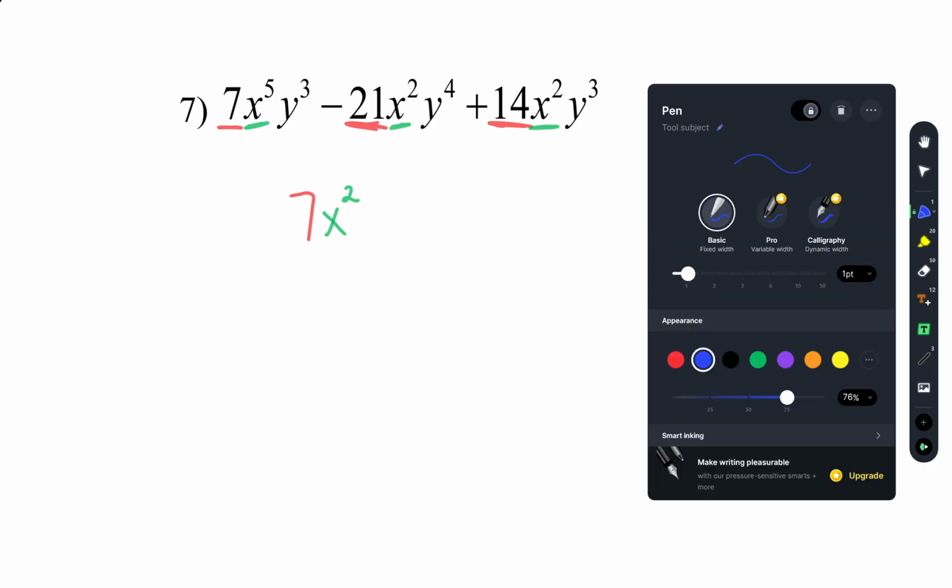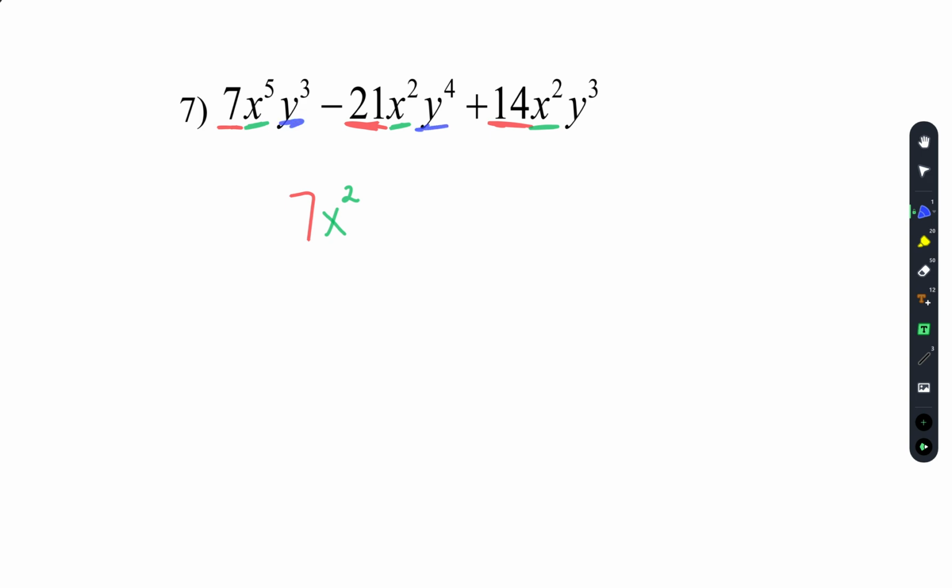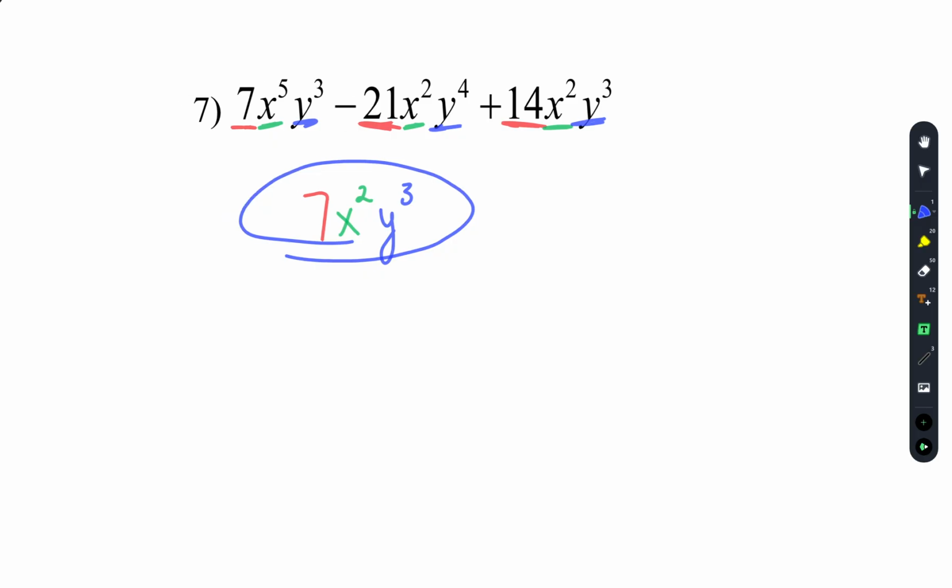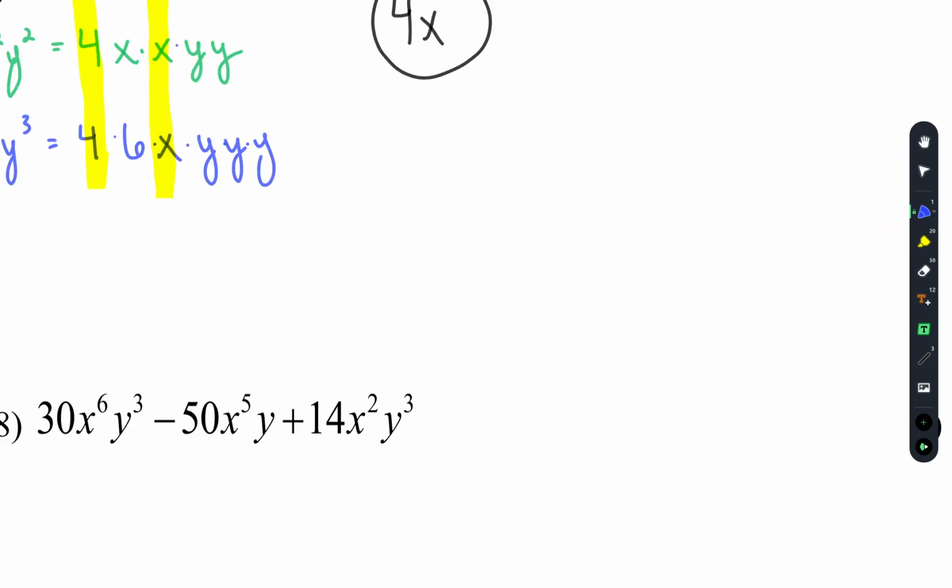And then same for the Y's. You have cubed, to the 4th, and cubed again. So what they all have in common is at least 3 Y's. So that would be your common factor for that one. Okay. So maybe I'll just write it out on that next one and then we'll try it.